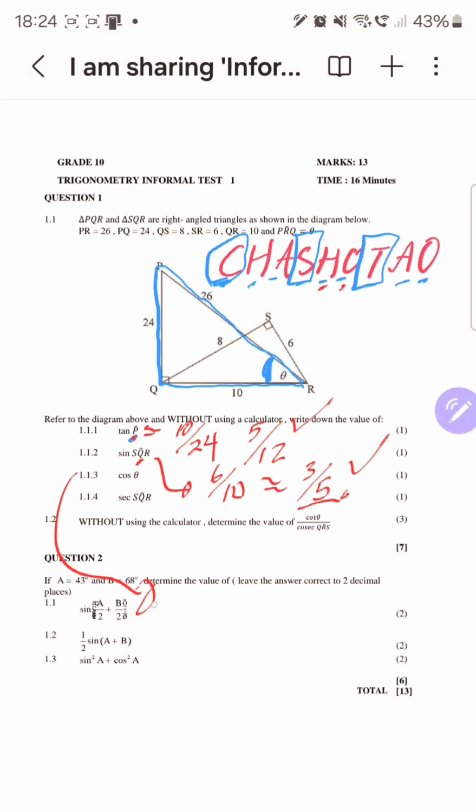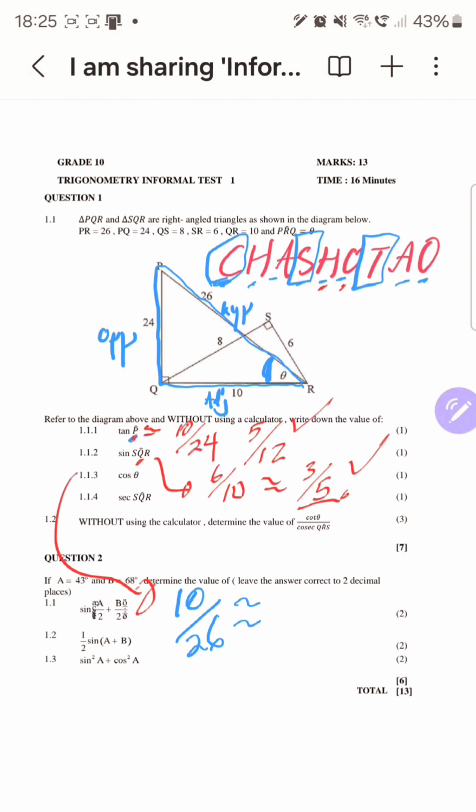Don't forget, the cosine of an angle is adjacent over hypotenuse. If that's my theta, this becomes my opposite, this is your adjacent, and that will be your hypotenuse. Therefore it's going to be adjacent over hypotenuse, that will be 10 over 26.